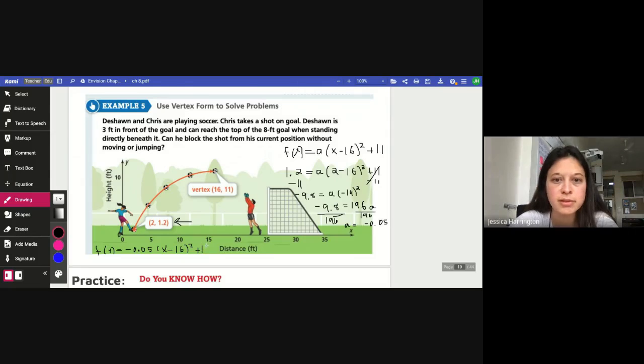That's my quadratic function in vertex form. But what I need to do is actually answer the question. Can he block the shot from his current position? He's 3 feet in front of the goal, and the goal is 8 feet high. So is he going to be able to block it?